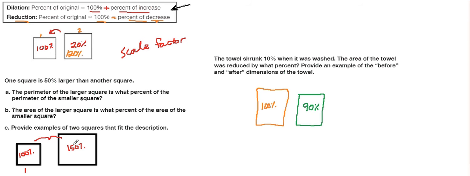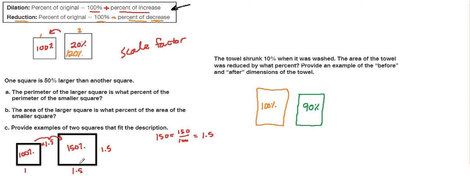The scale factor is the percentage changed into its decimal counterpart. 150% is really worth 1.5. The scale factor is that, 1.5 you multiply by to get each new dimension. So this is 1.5, this is 1.5.